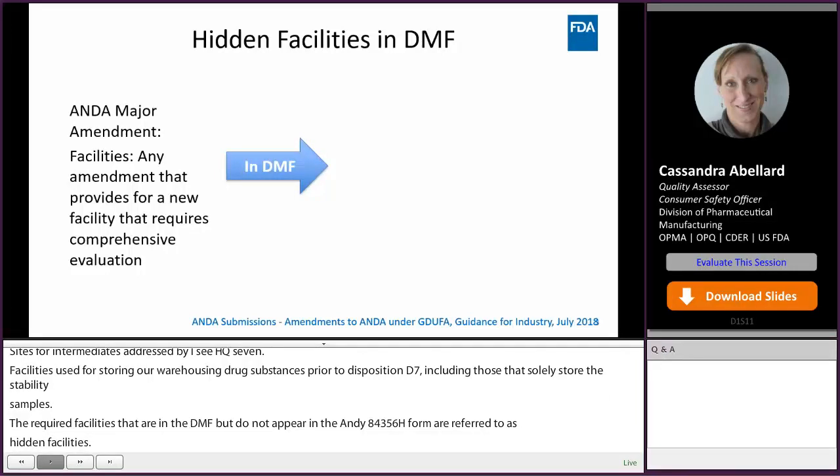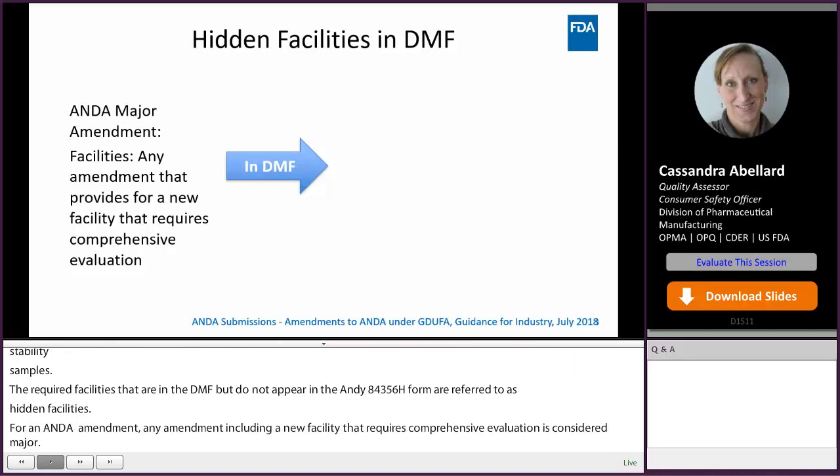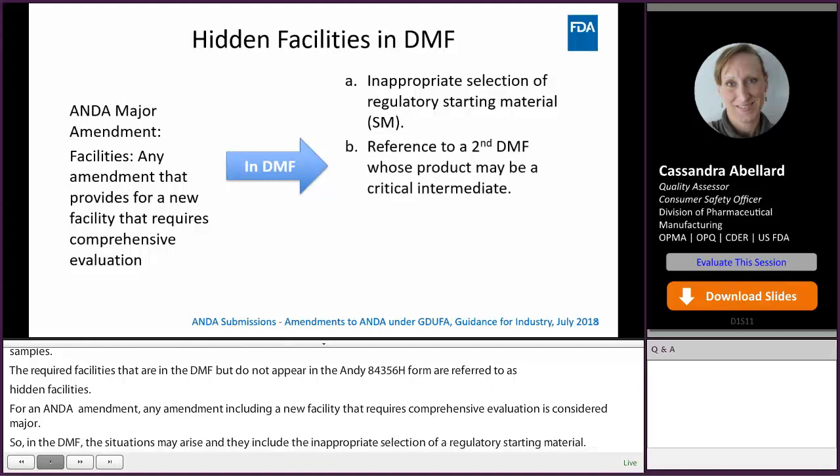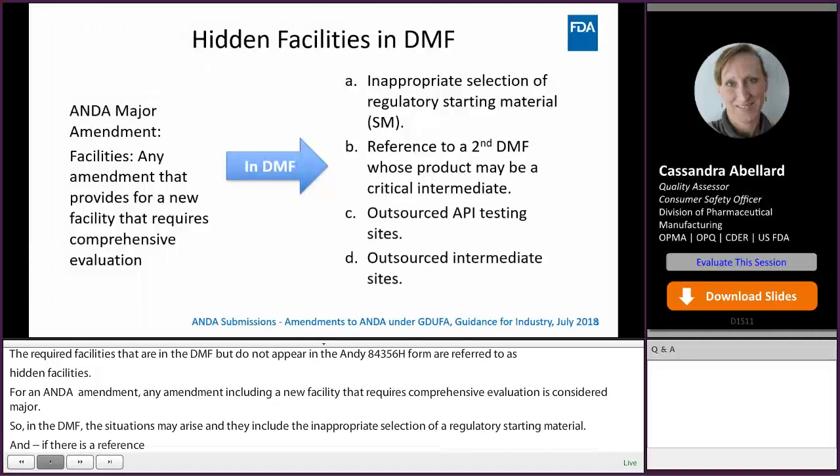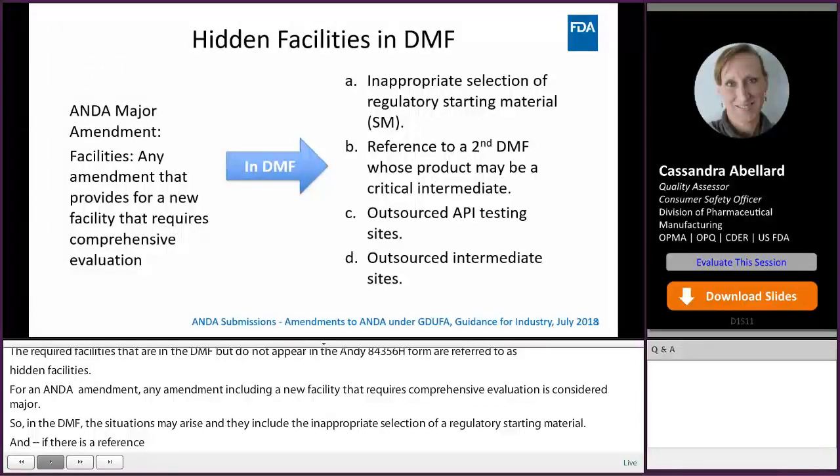So in the DMF, these situations may arise, and they include the inappropriate selection of a regulatory starting material. If there is a reference to a secondary DMF whose product may be a critical intermediate, any outsourced API test sites, or any outsourced intermediate manufacturing sites. For example, maybe a micronization site or a sterilization site.